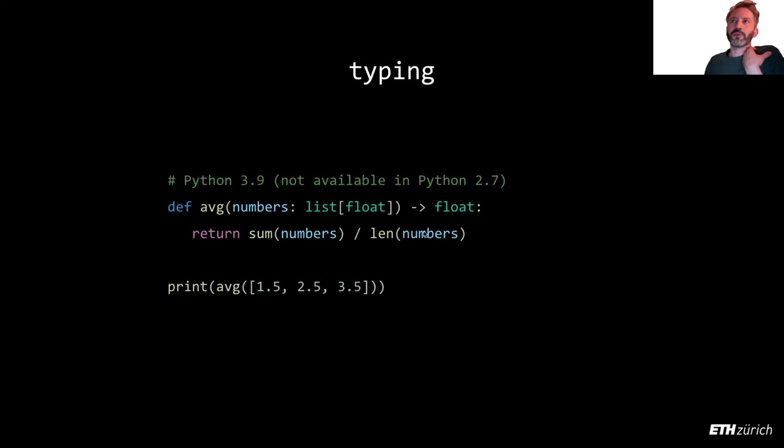So then we do whatever we do, and this results into a single float because we're calculating the average of a list of numbers, and this matches. This is very helpful for autocomplete, and you will get much better results with typing on, basically. But it is completely optional. You can skip the typing information whenever you declare something new.